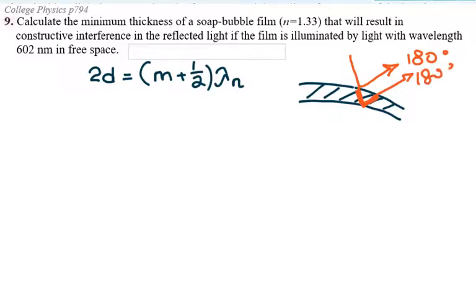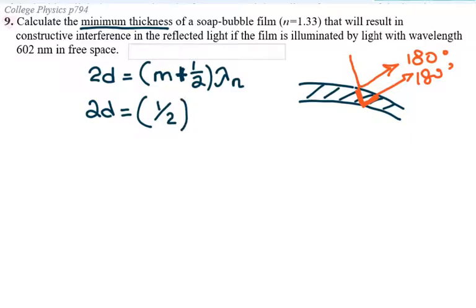So now I'm going to plug in the information that is given. So I have 2 times the distance there and back is equal to m, which is going to be 0 because I start with addition. If it's minus, then I would have to say 1 minus, because they ask about minimum thickness. So that's going to be 1/2.